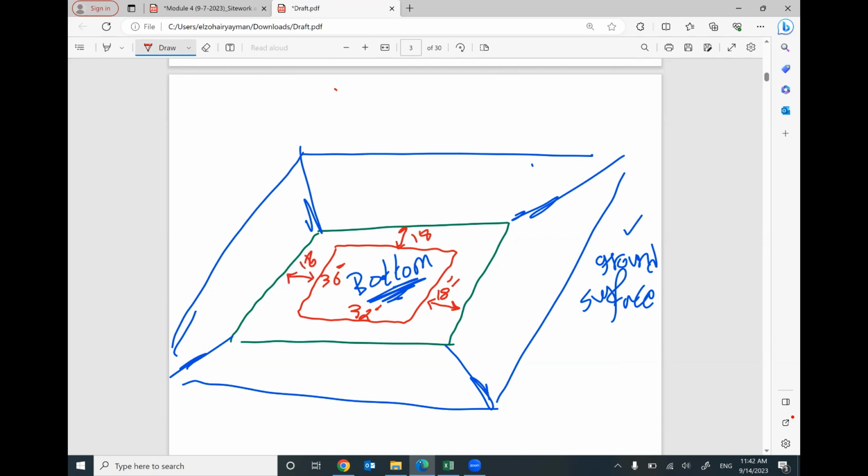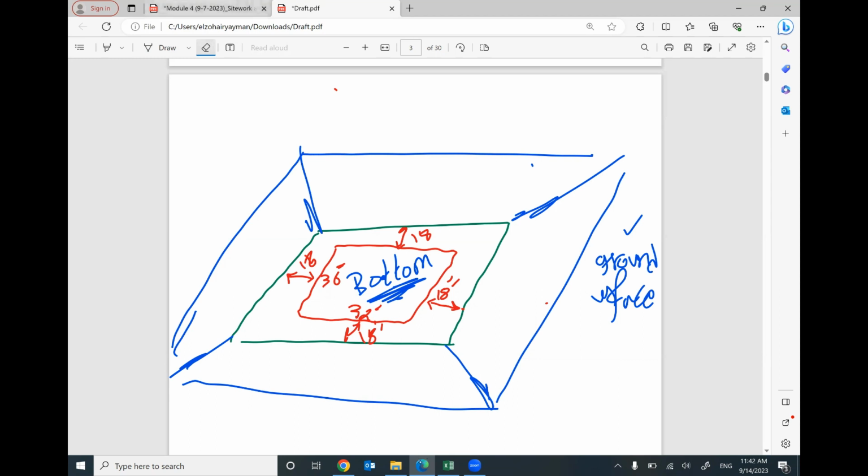And then I started to do my slope until I'm reaching to the ground surface. Does that make sense? Hopefully you can imagine this; you should be aware what is happening in real life.